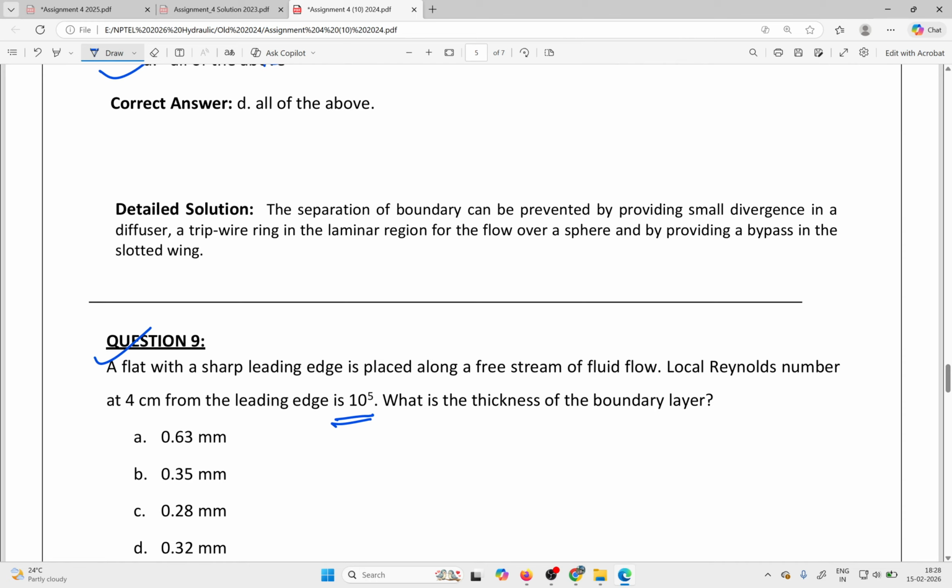What is the thickness of boundary layer? Option A 0.63, option B 0.35, option C 0.28, option D 0.32. Which option will be correct? Please.